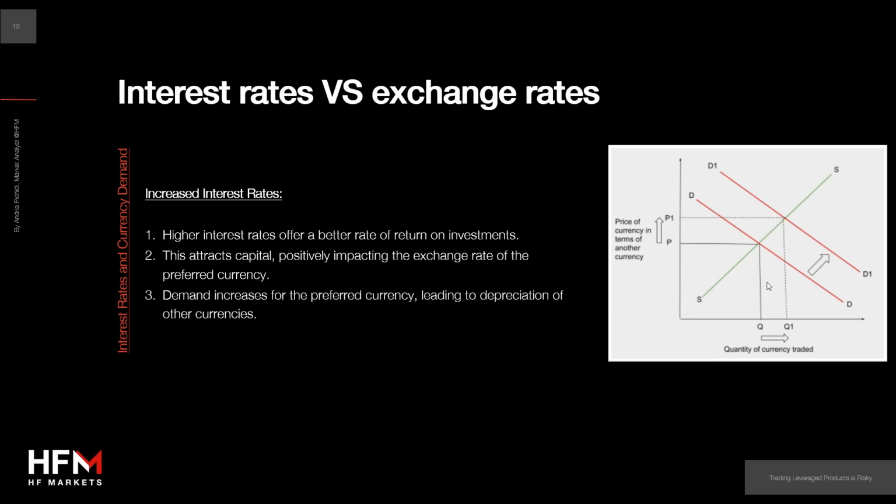Here we have the original demand for currency, which increased, as you can see, after we had an interest rate hike. So the higher the interest rate, the higher the demand for the preferred currency.